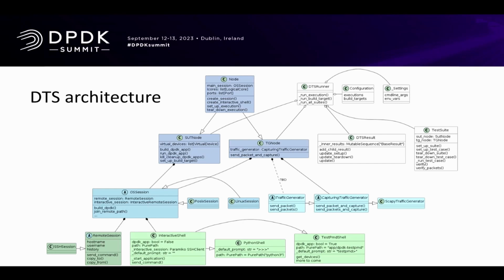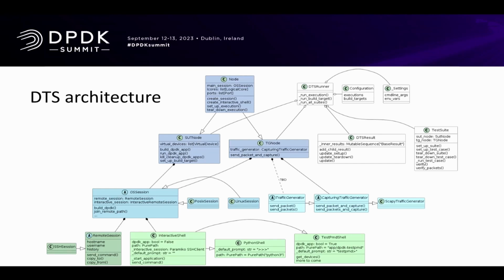For handling interactive sessions, so interactive applications such as testpmd running in interactive mode, we have separate classes on top of remote session: interactive shell, Python shell, and testpmd shell. So how do we handle different operating systems? Since DPDK supports a variety of OSs, there's the OS session abstract class between the SUT node and remote session.